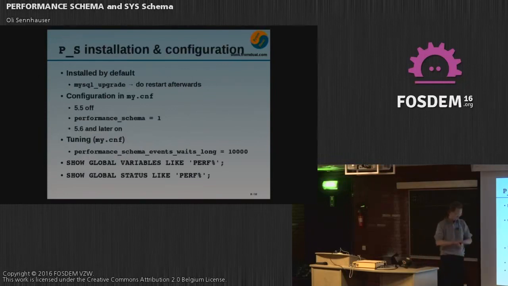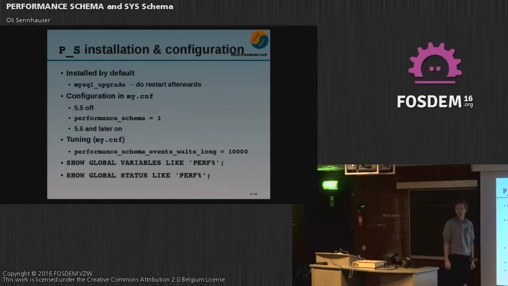So how is it installed and configured? It's installed by default in MySQL 5.5, 5.6, and 5.7. If you do an upgrade from 5.1 to 5.5 or higher, the MySQL upgrade will do an upgrade or installation of the performance schema.